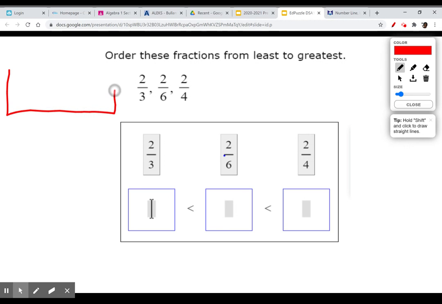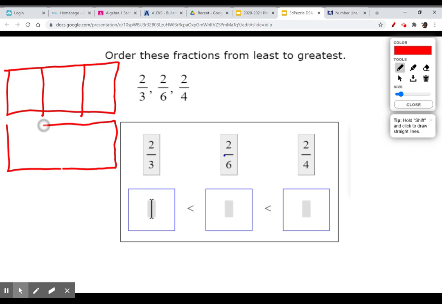Okay. So in this bar here, I'm going to put 2/3. So that means I need to have 3 parts. Now I'm going to try and make the next one the same as much as possible. And this one's going to be 6. And then I have 2/4.